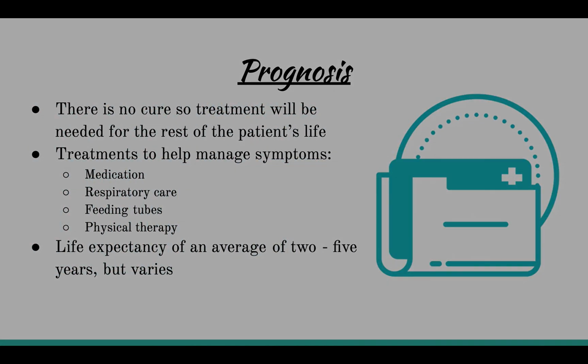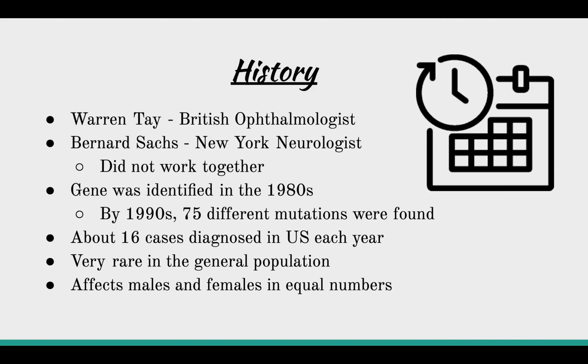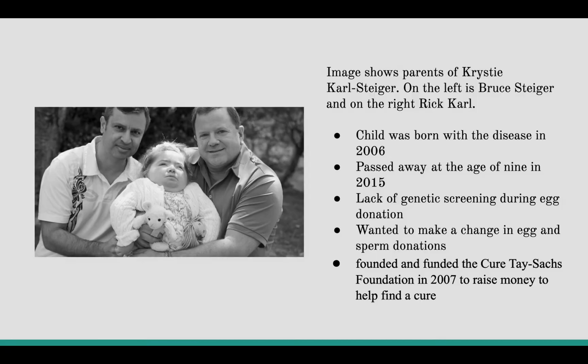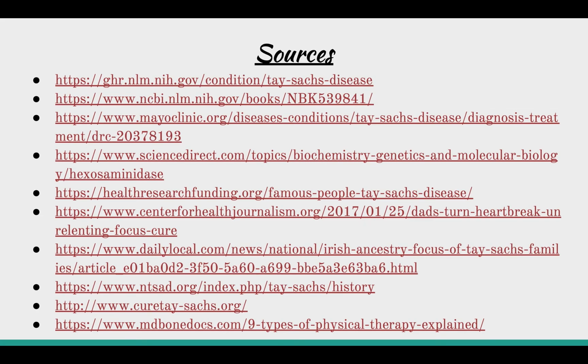Okay, so here's going to be all of my partner slides. We'll skip through all those because she already presented them for you. And we will get to, here we go. Okay, and here are all of our sources. So these are all of the sources that we used throughout this presentation.